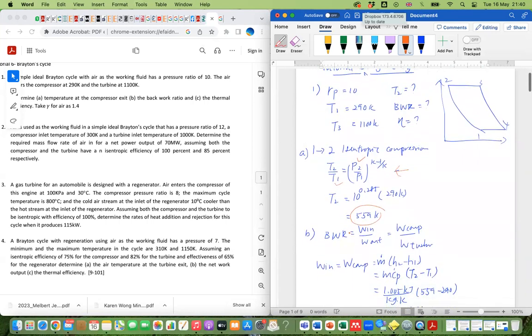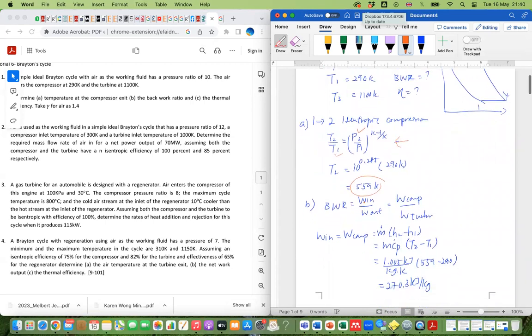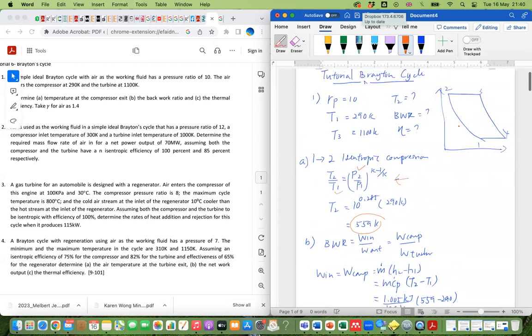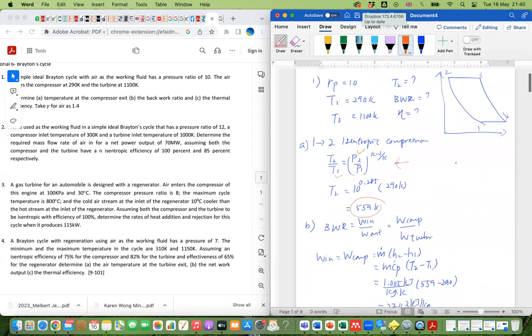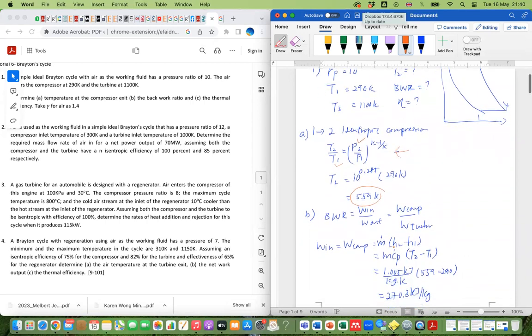Okay, so what about the back work ratio? The back work ratio is the work in over work out. In this case, the work in is the compressor, and the work out is the turbine. The work in is m times (H2 minus H1).